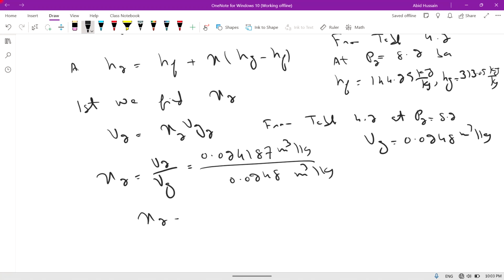So x2 is equal to 0.024187 divided by 0.0248, which is 0.975. This is the dryness fraction.